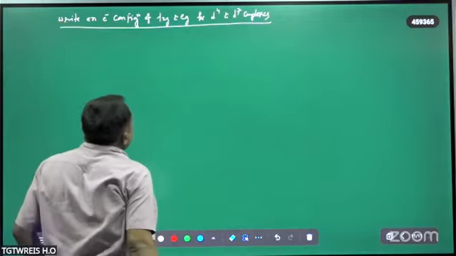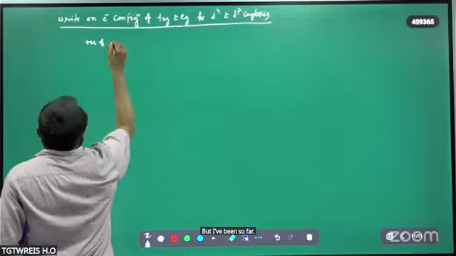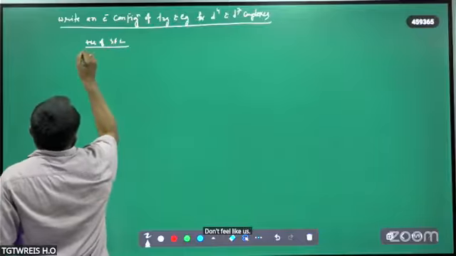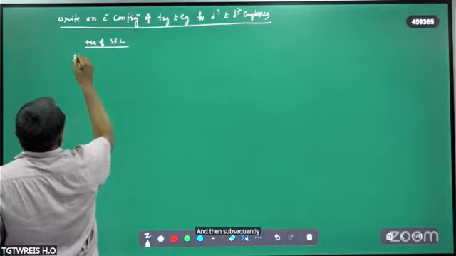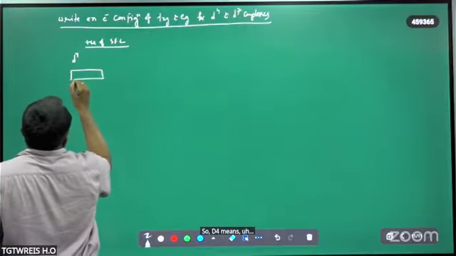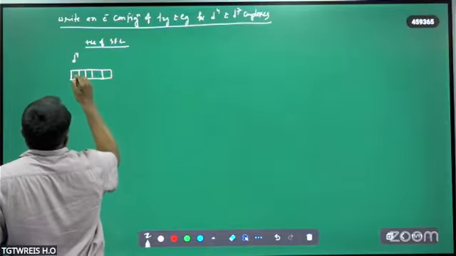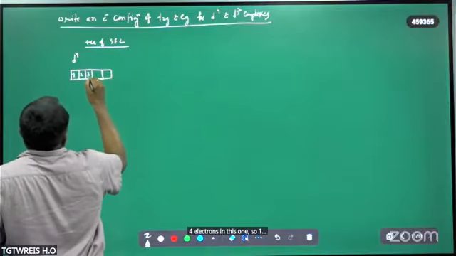Our question: for example, presence of strong field ligands, D4. So D4 means there are 4 electrons: 1, 2, 3, 4.